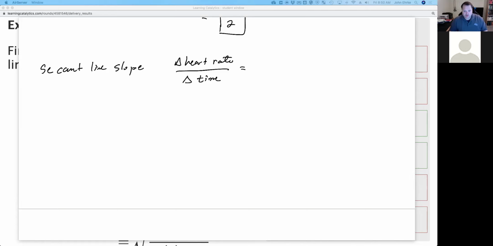But part A says between 36 and 42, right? Yeah. Okay, so your time change is 42 minus 36. And then if you look at the heart rates associated with that, associated with 42 is 2942, and associated with 36 is 2533. So whatever that number is, I think it's 68.2?